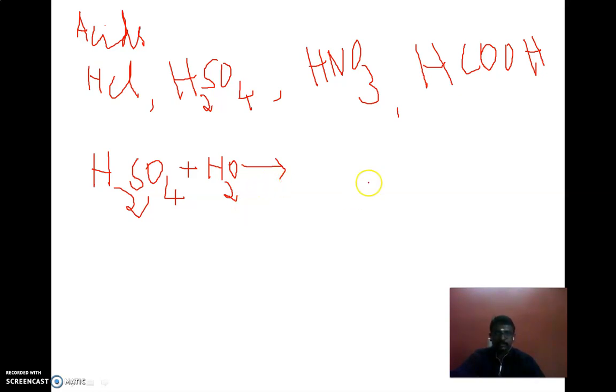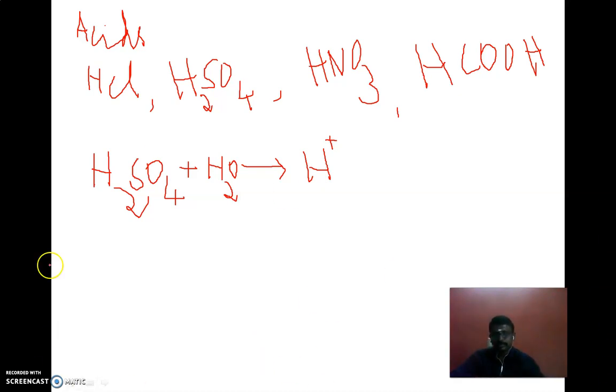First the hydrogen ions, H plus ions, are released, and after that the sulfate ions are released. Similarly, when we take HCl and add it to water, H2O, here also the H plus ion, hydrogen ion, is released. If we add water to an acid, the hydrogen ions, that is H plus ions, are released.